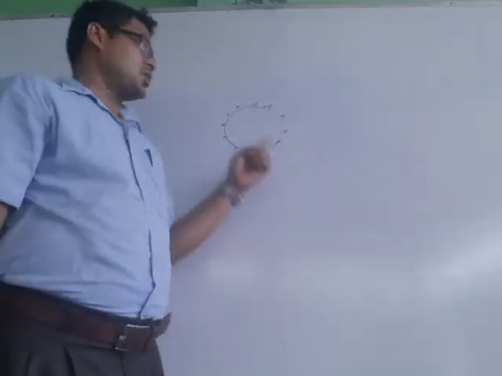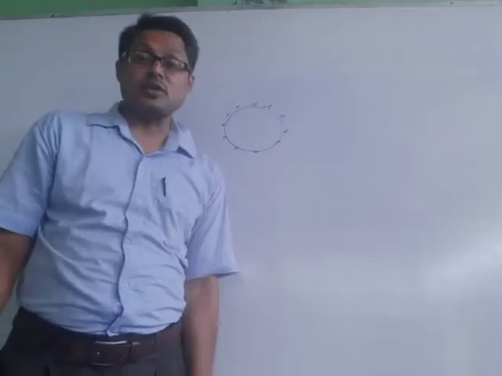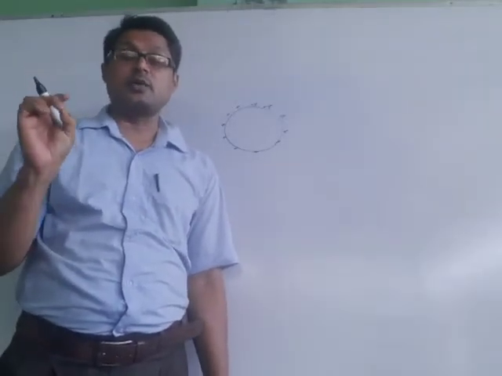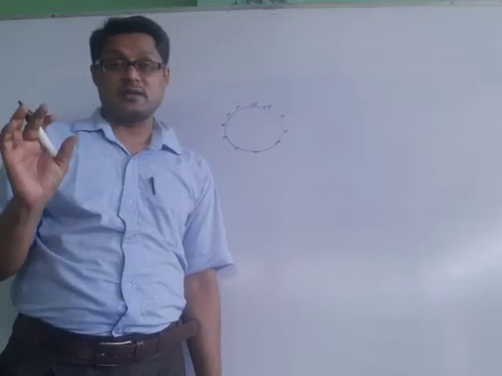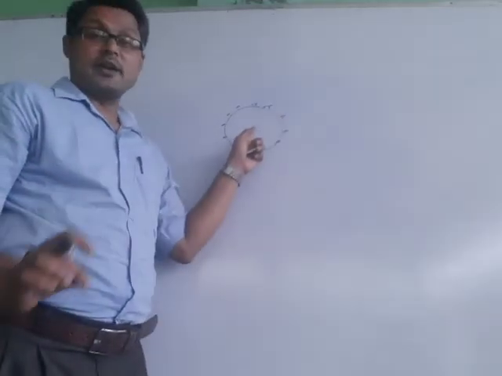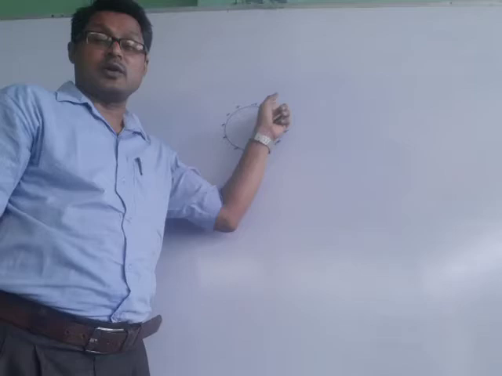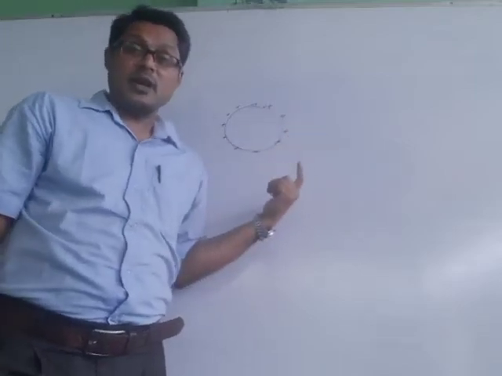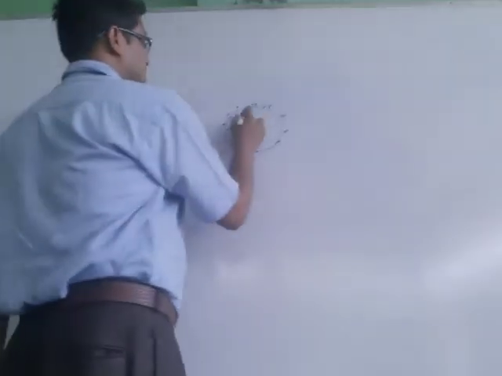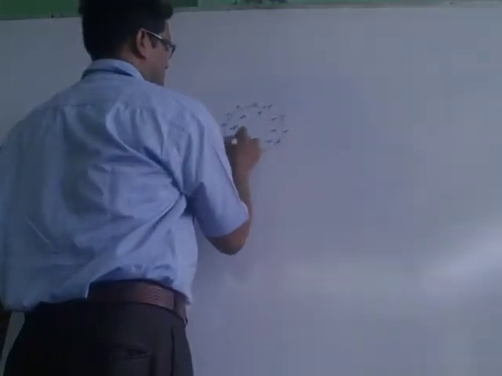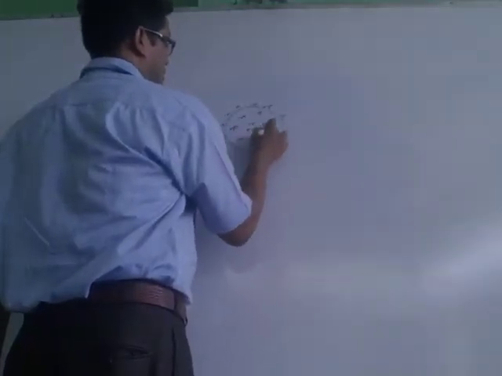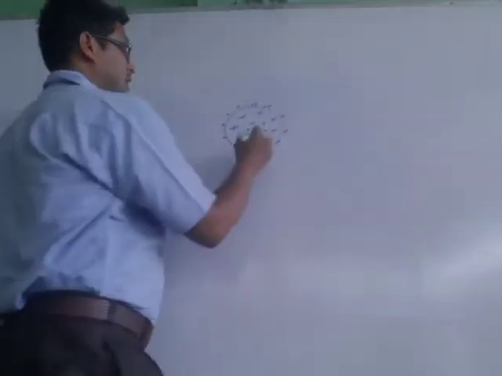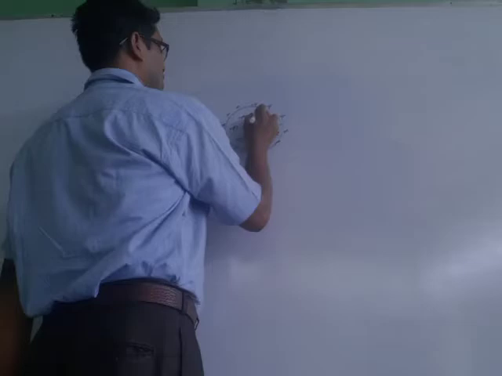So the behavior of this conducting solid sphere will be just like a spherical shell. Therefore, inside point intensity will be 0 and outside point E equal to q by 4 pi epsilon naught r square, just like a spherical shell. But if it is non-conducting, that means charge remains distributed over the volume. Let this be capital R, this is small r.